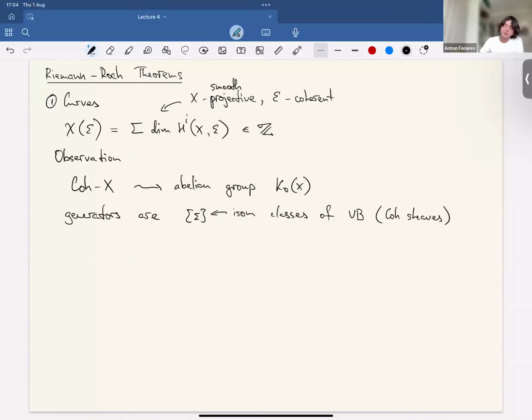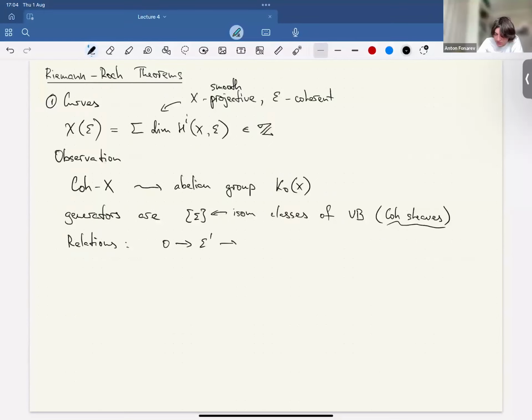And this is where the distinction between smooth and non-smooth is, because if you say vector bundles on smooth and coherent sheaves, you'll get the same thing. In general, you won't. Let's say coherent sheaves. So this will be mostly our important thing. These are the generators, and the relations will be given by short exact sequences.